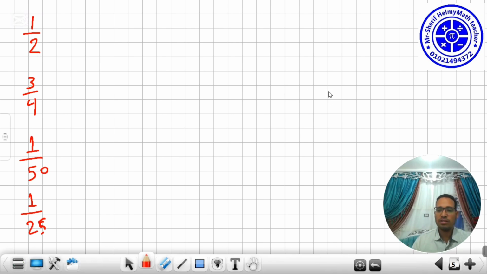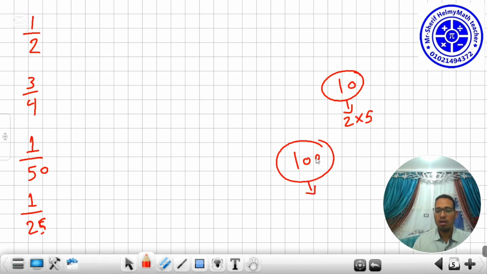You must memorize the numbers that give you 10 or 100: 2 times 5, or 1 times 10, and for 100: 2 times 50, 4 times 25, 5 times 20, and 10 times 10. You have to write these numbers in your notebook.